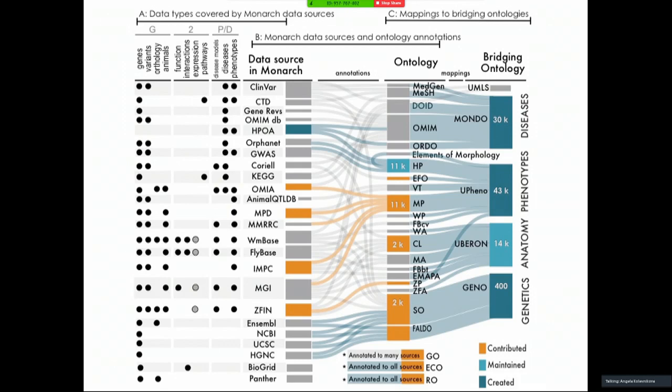They each use their own favorite flavor of ontology, some of which we contribute to. And we have a variety of species-neutral or unifying ontologies that then allow us to bring these data together. So over here we have many different disease resources: MedGen, that's used for submission to ClinVar, the Medical Subject Headings, the Disease Ontology, OMIM, the Orphanet ontology, Elements of Morphology, and there are many others.